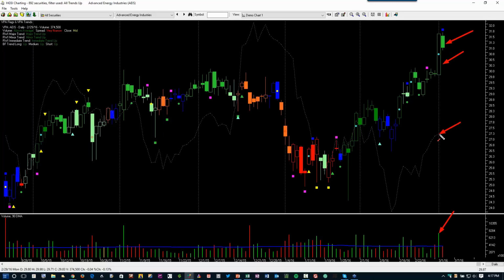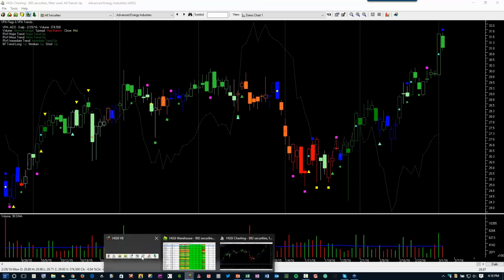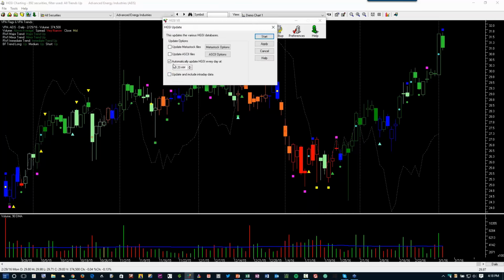Notice that the group line ends, let me do that again. The group line ends under this candle. The reason for that is I did not do a full update intraday. If I did a full update intraday, and by a full update, for those of you who may not know, what you have to do is go into update, select update and include intraday data.